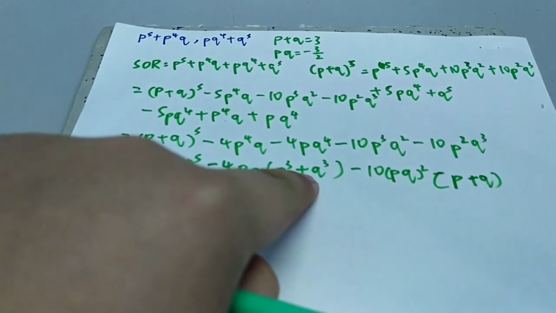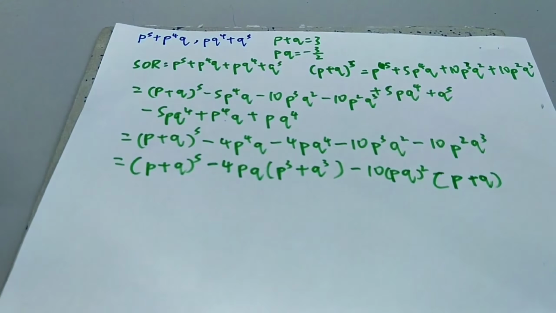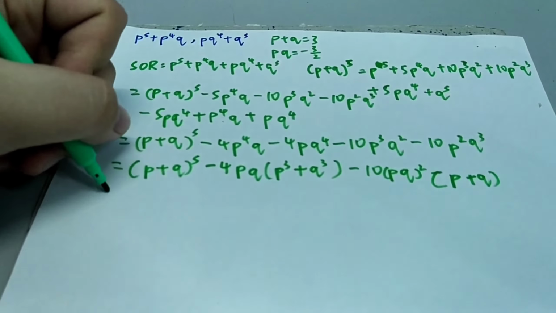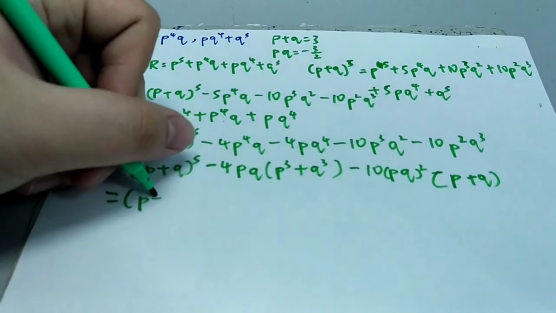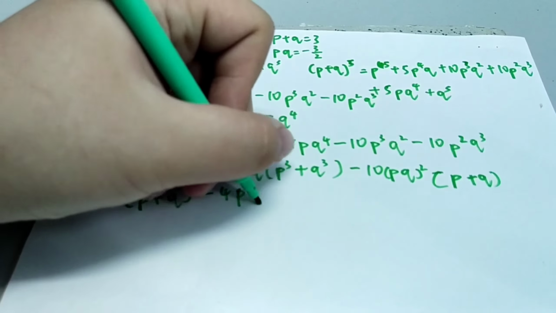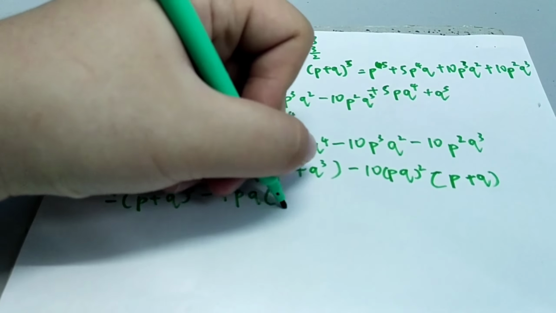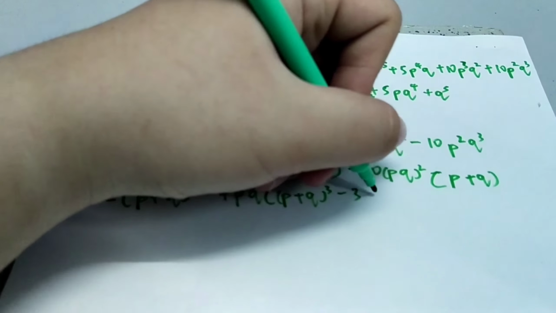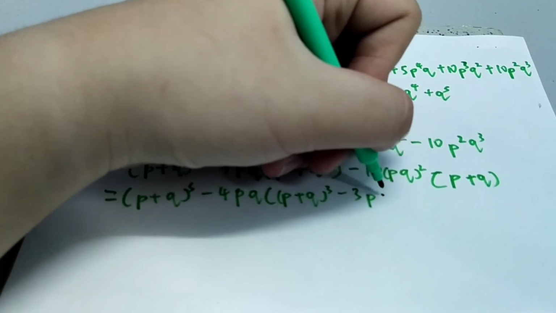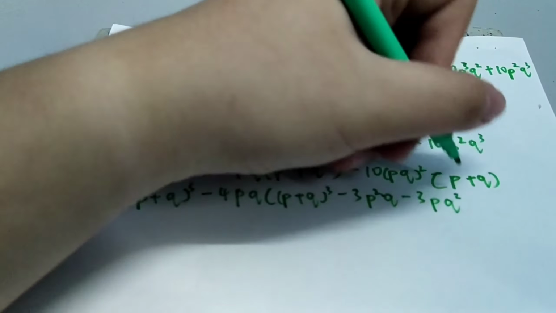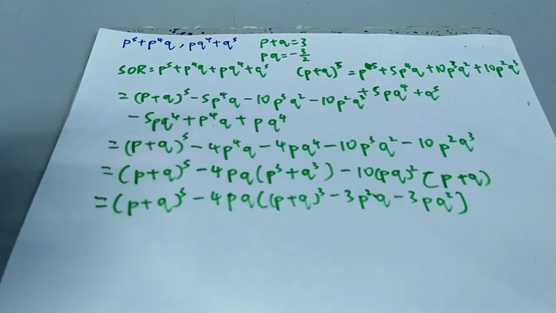And this we have already done in the previous one, which is equal to (p + q)^5 minus 4pq times (p + q)(p^2 - pq + q^2), written as (p + q)^3 - 3p^2 q - 3p q^2, and then close the bracket.